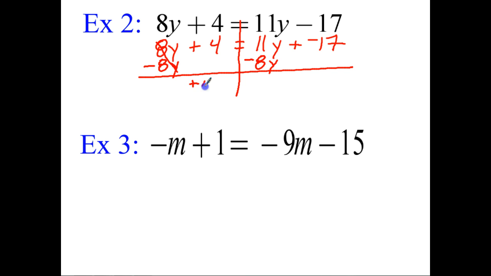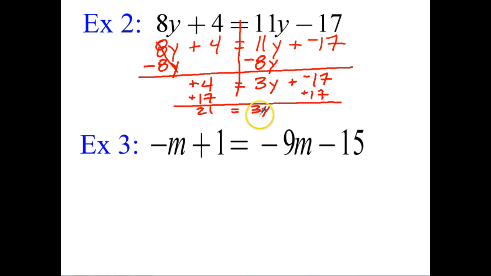I'm left with a positive 4 is equal to 3y and negative 17. Now, from here, I'm going to add positive 17 to both sides, and I get 21 is equal to 3y. Sorry, I'm running out of room. Divide by 3, and y is equal to 7.